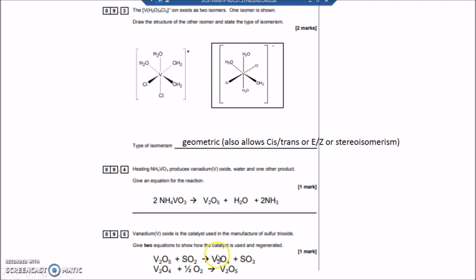So that's vanadium 4 oxide. Now then, this V2O4, it says the catalyst is regenerated, the vanadium 5 oxide is regenerated. So it's going to be remade from V2O4, which is made. So the V2O4 reacts with more oxygen to remake the V2O5.